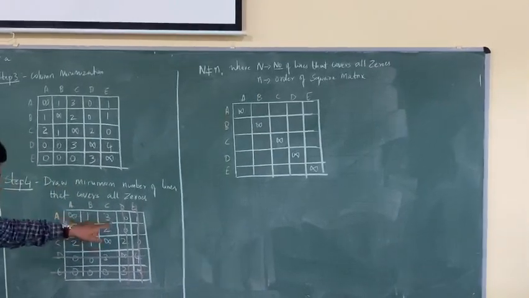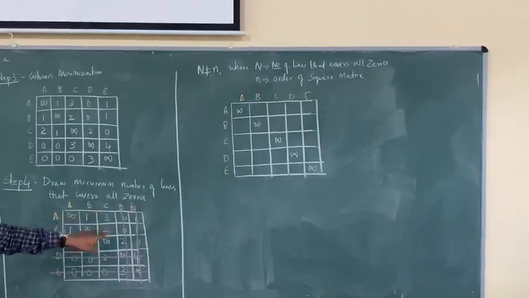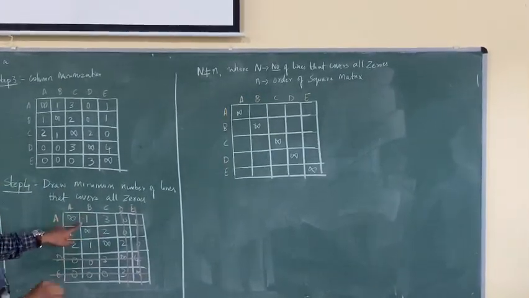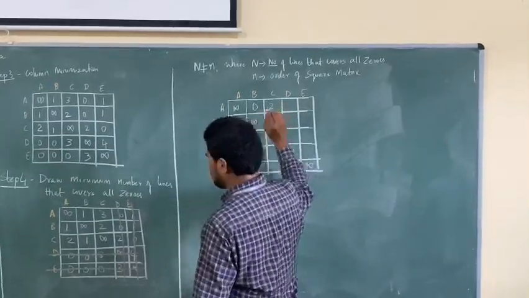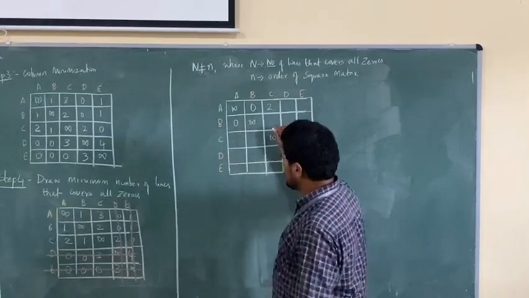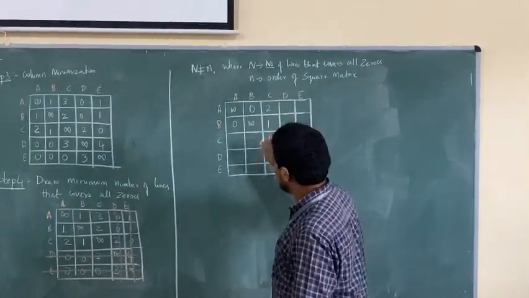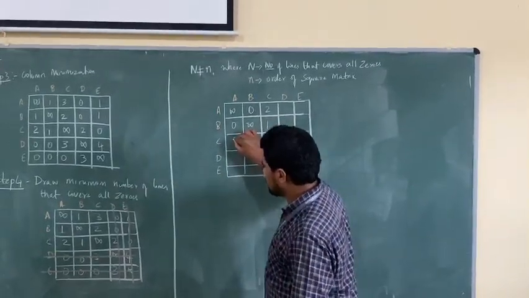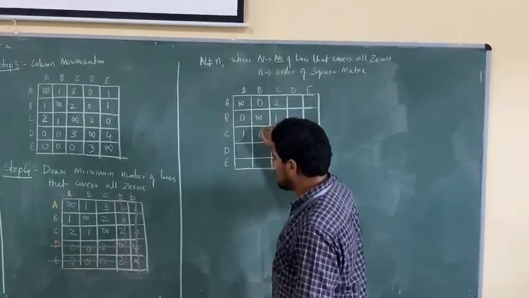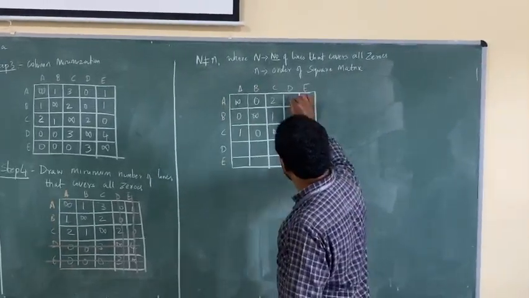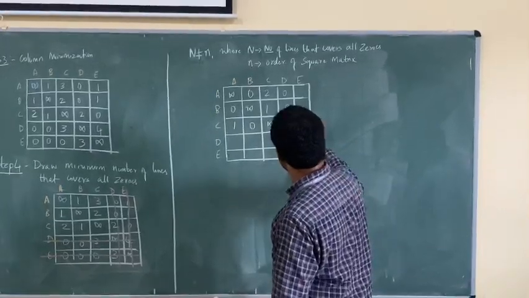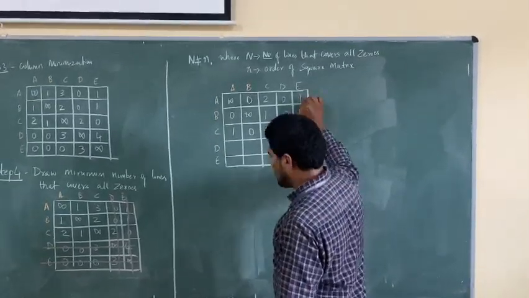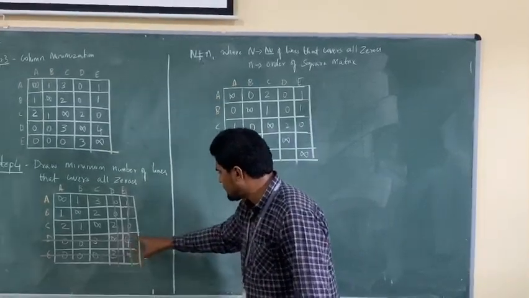So here the least is 1, so I will subtract 1 from these uncovered elements. So 1 minus 1 gives 0, 3 minus 1 gives 2, 1 minus 1 gives 0, 2 minus 1 gives 1, 2 minus 1 gives 1, 1 minus 1 is 0. So here I have 0, 0, 2, 0, 1, 1. Now here we have an intersection point, right?